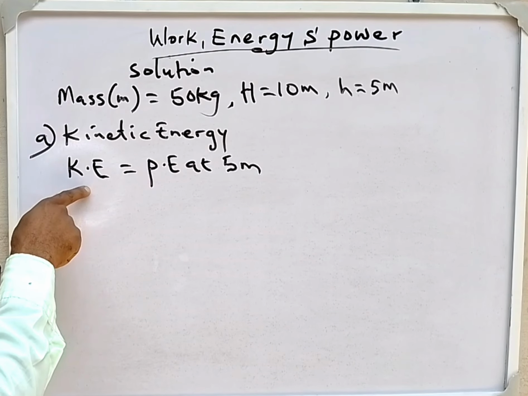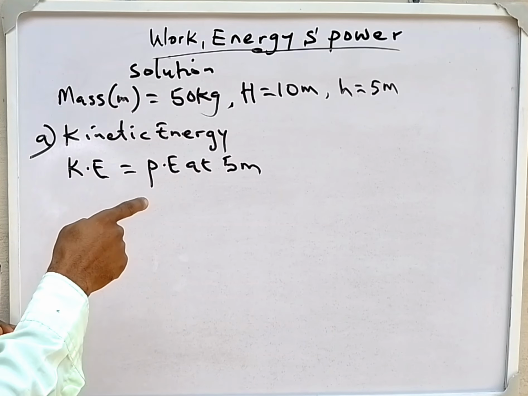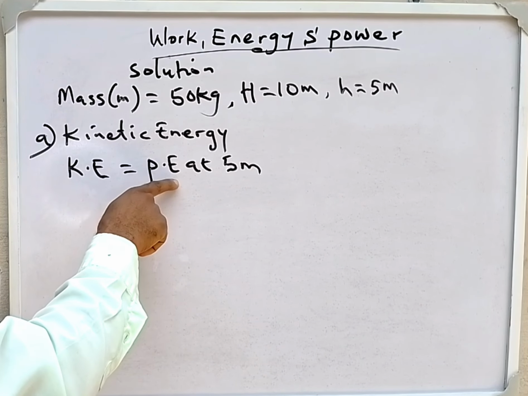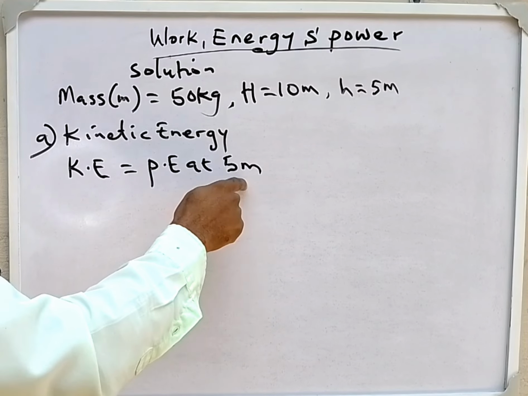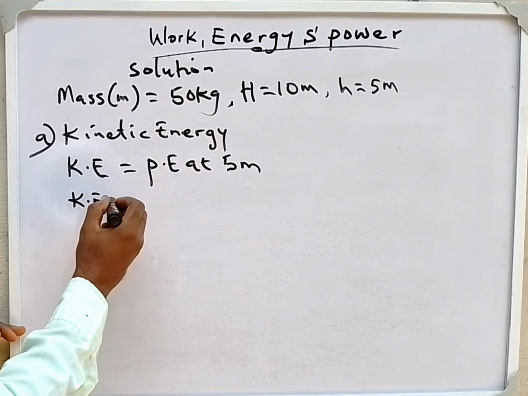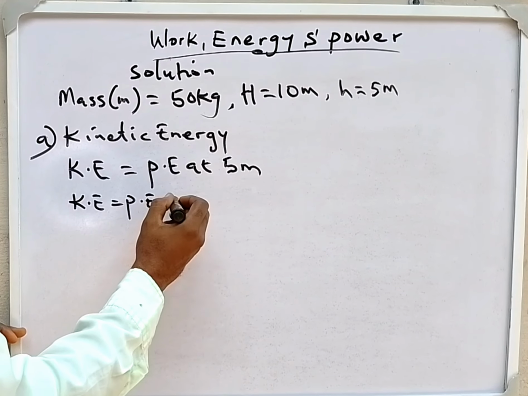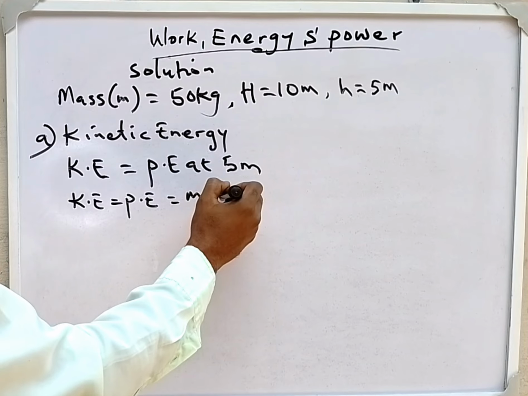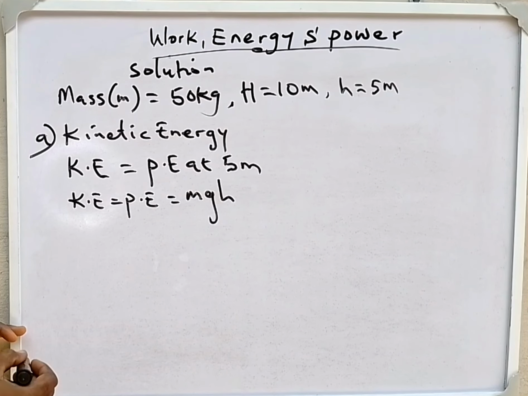I'm saying that the kinetic energy of the stone halfway is going to be equal to the potential energy of the stone at 5 meters. So that is to say that KE is equal to PE and PE is equal to mgh, that small h at height 5 meters.